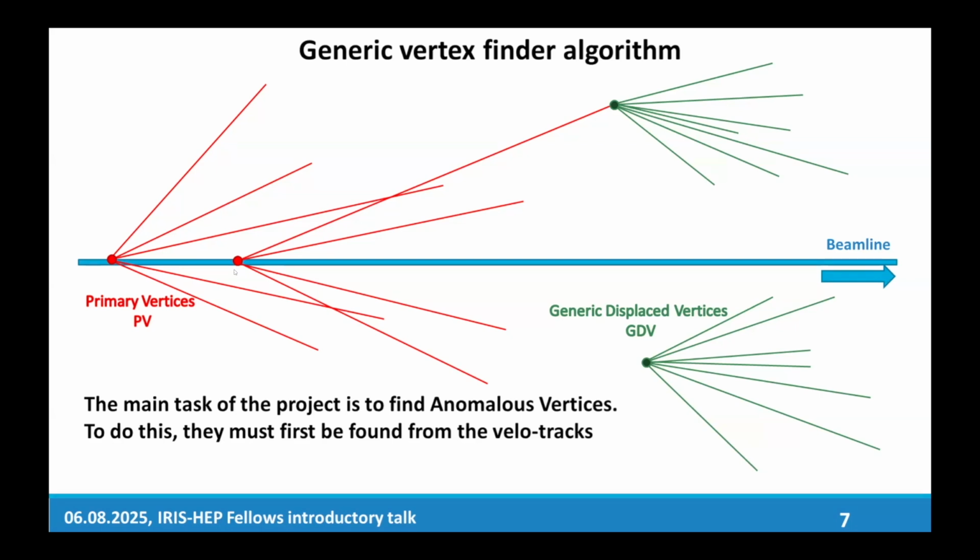And these PVs we can consider as a point of interaction of protons in the collider or decay of short-lived particles. But GDVs are located at a distance from the beamline, and we can consider them as candidates for LLP decay vertices.